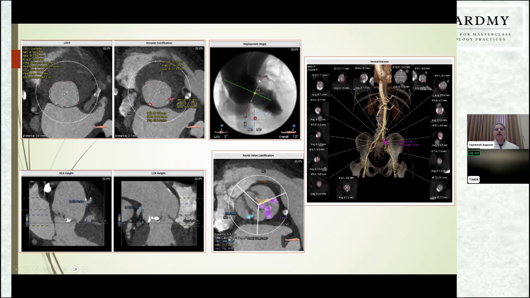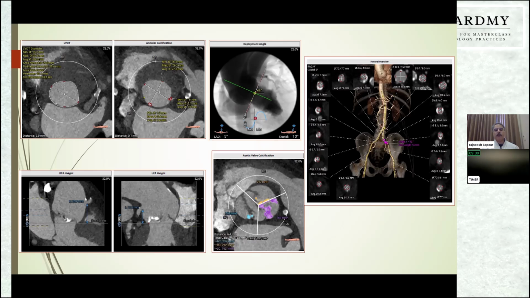Now look at this. This is again another important thing. What is the horizontality of the aorta? Angulation. So angulation is 66 degrees. Anything beyond 65 becomes a complex one, in calcified bicuspid valves much more.